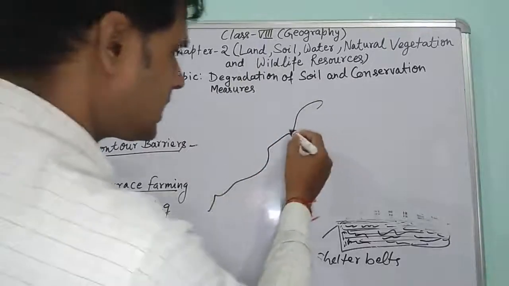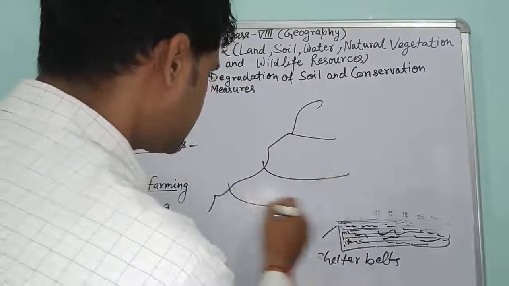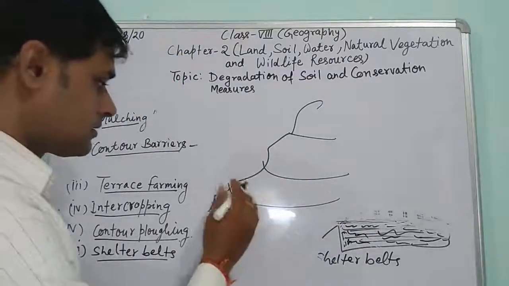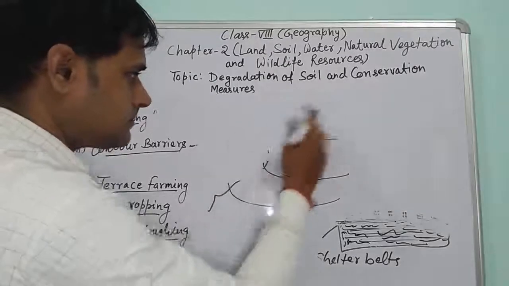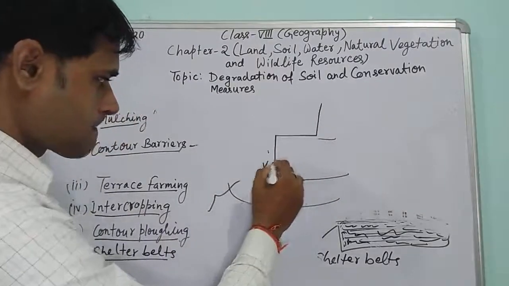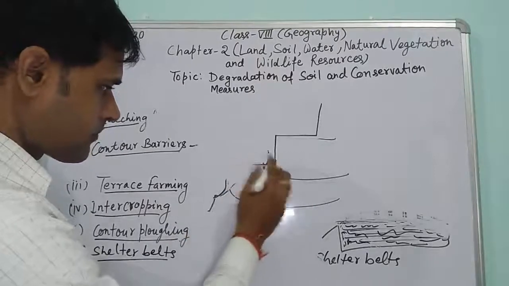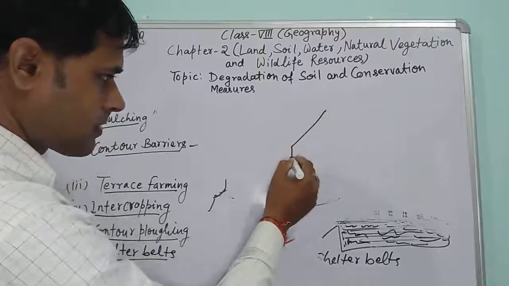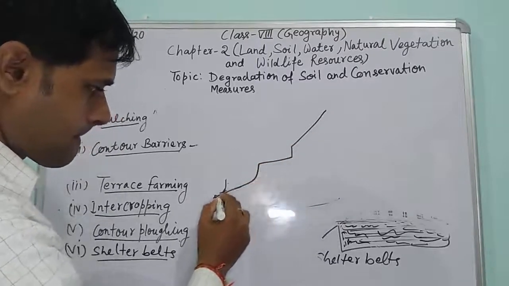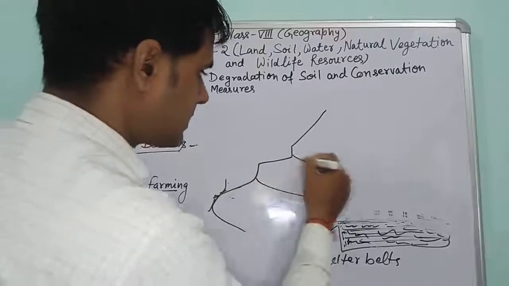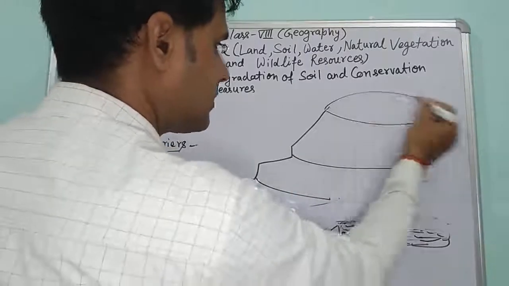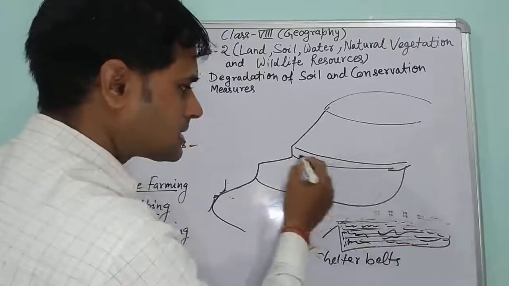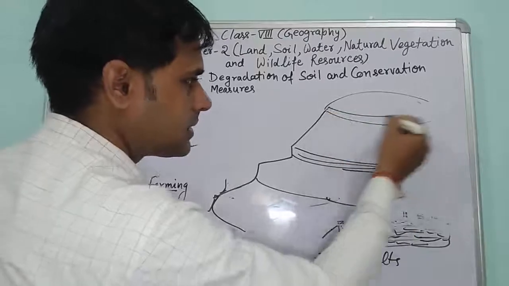Suppose it is a hilly area, so it is divided, and in this way farming is done. And on the borders plowing is done here.